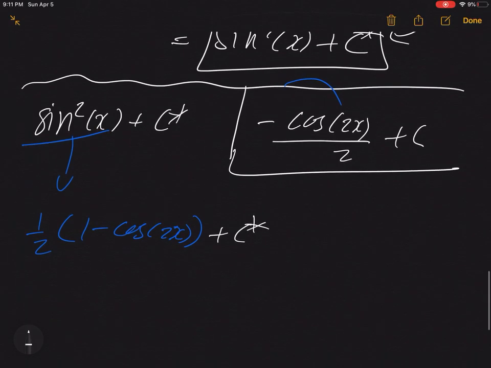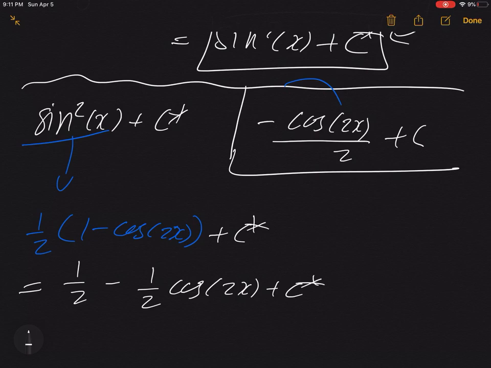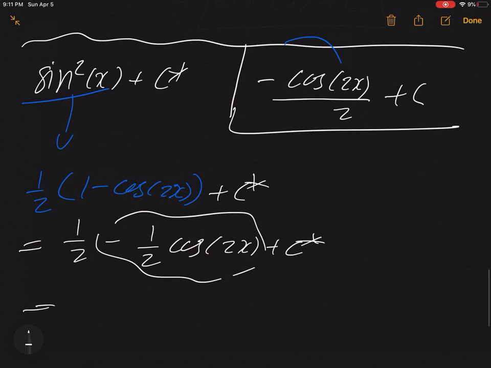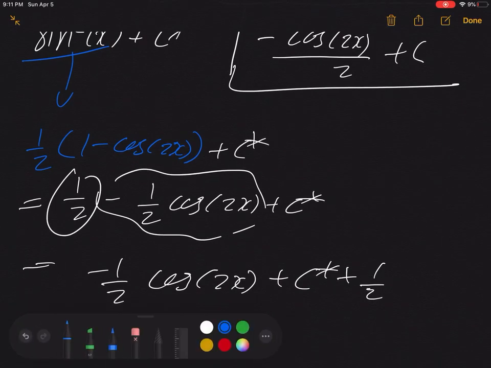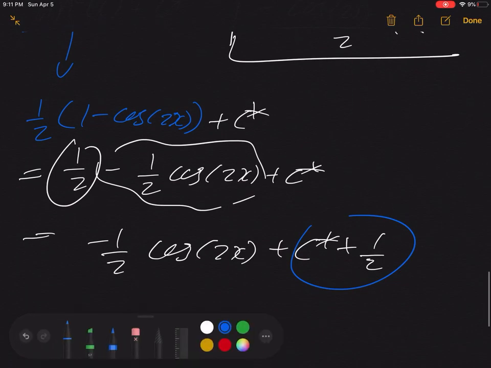And as you see, we are actually done. Just evaluate the half inside. You get half minus half cosine of 2x plus c star. Combine the isolated half with the c star: this evaluates to negative half cosine of 2x plus c star plus half, which is again just one constant that we may call c1, for example.